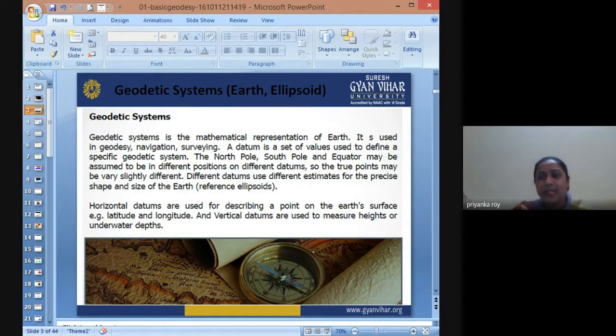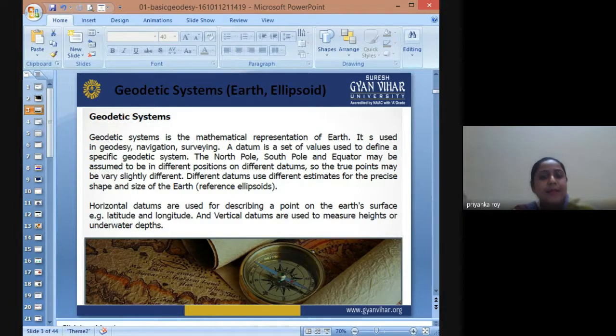Or you can say, in another way, you are taking out an average approximate shape of the Earth. Now a horizontal datum is used to describe a point on the Earth's surface, for example, latitude and longitude.